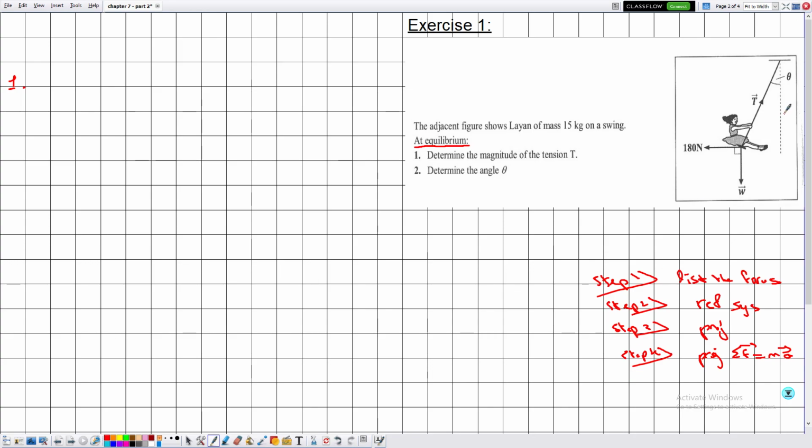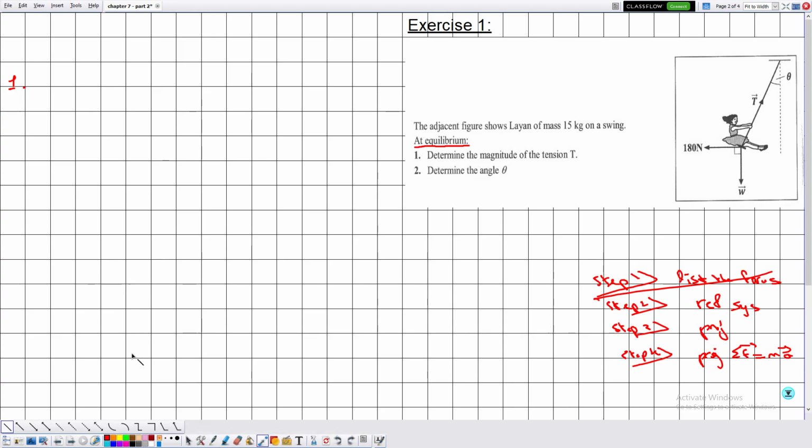Now let me redraw the figure here. Already the forces are listed on the figure, so we are done with step number 1. Let me redraw the figure here and represent the reference system. Suppose that this is the x-axis like this, and this is the y-axis like this.